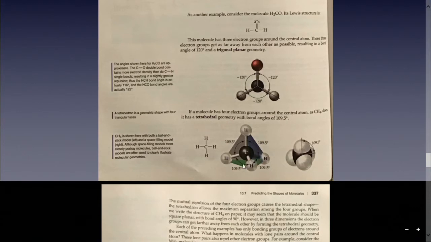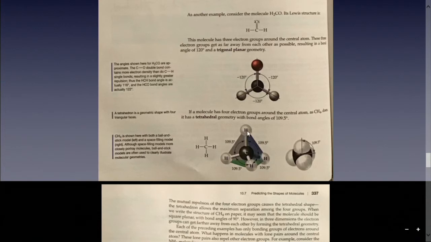And so basically, if you want to try to get all of these hydrogens as far away from each other as possible, then you're essentially going to have 109.5 degrees between each hydrogen atom. Does that make sense? So between this hydrogen atom and this hydrogen atom, there's 109.5 degrees.